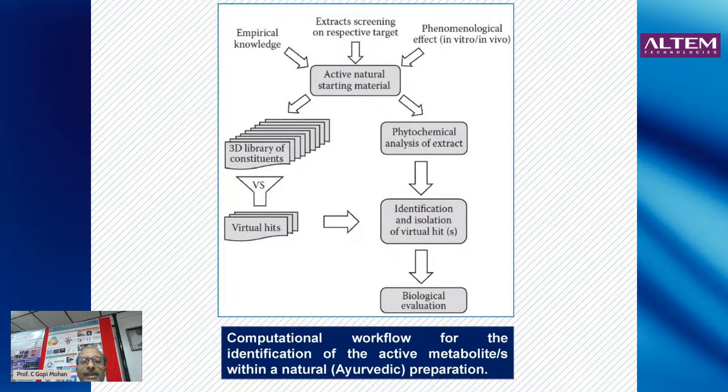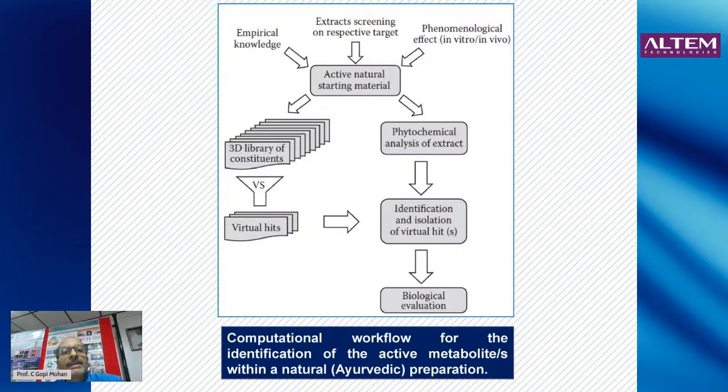This is also another way of putting it: just screening on respective targets, target-based or protein-based. Also, one can screen actively for natural starting material using empirical knowledge or phenotypic effect. This is also nowadays being implemented with machine learning and artificial intelligence, which are heavily used.